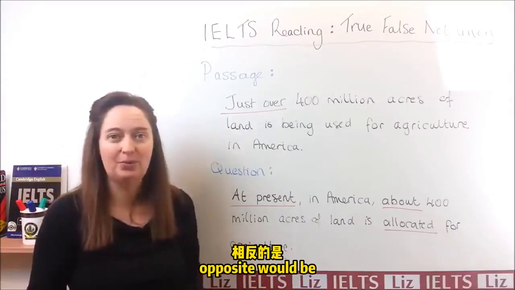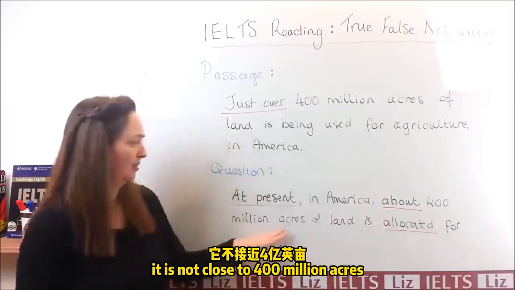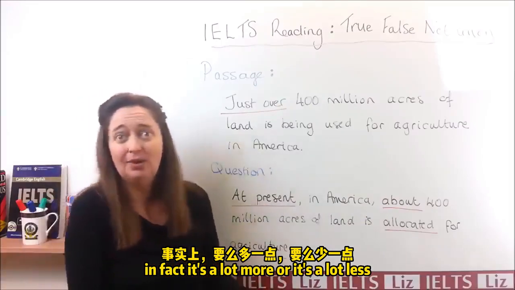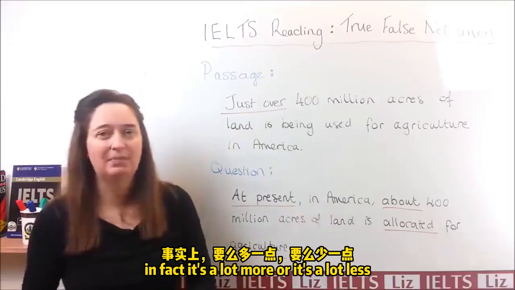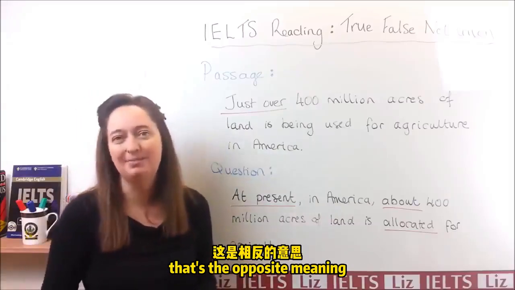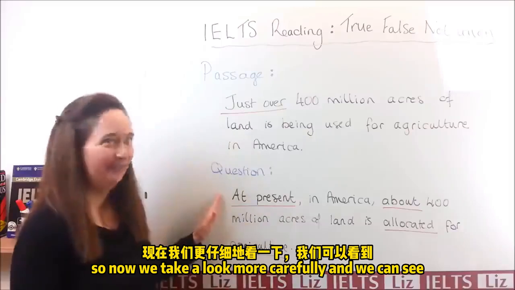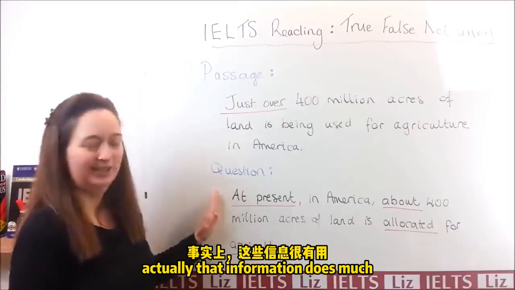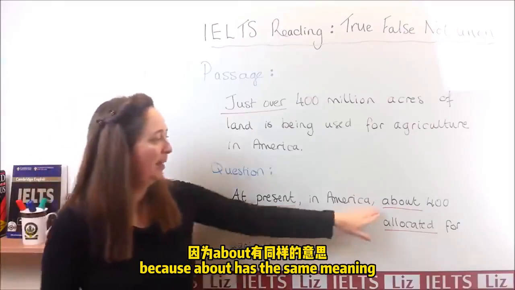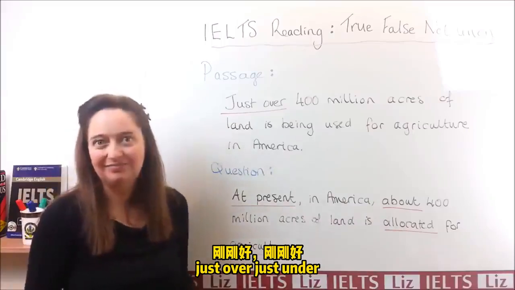The opposite would be, it is not close to 400 million acres. In fact, it's a lot more. Or it's a lot less, but it's not close to 400 million acres. That's the opposite meaning. So now we take a look more carefully and we can see actually that information does match, because about has the same meaning: just over, just under.